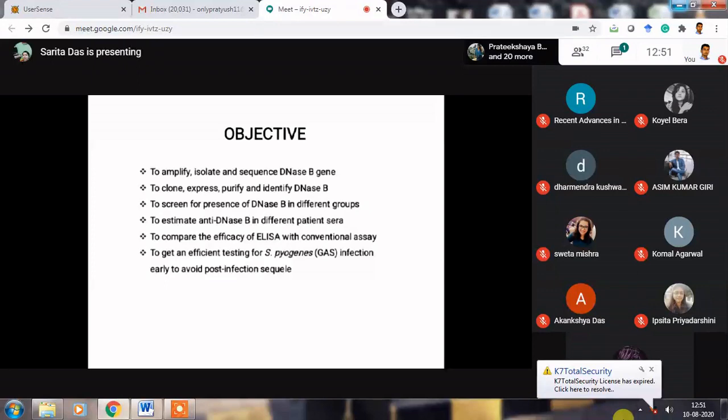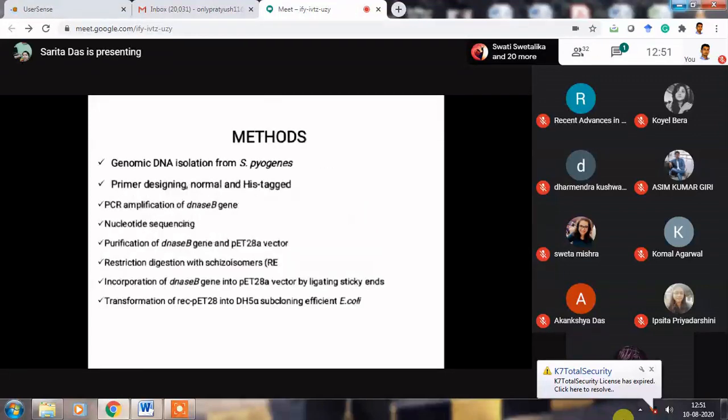Earlier, the ADB, meaning anti-DNase B titer, in the patient was detected using a biochemical assay. I'll tell you about that a little later. So these are the different methods we followed.